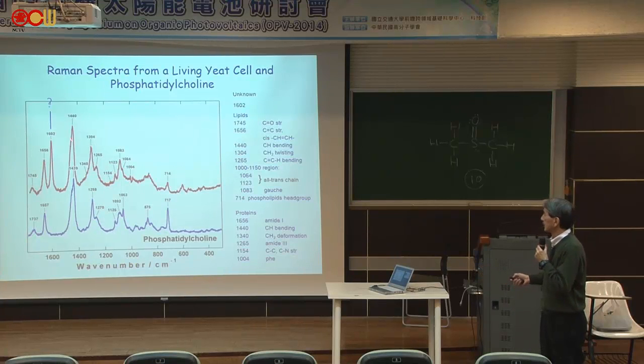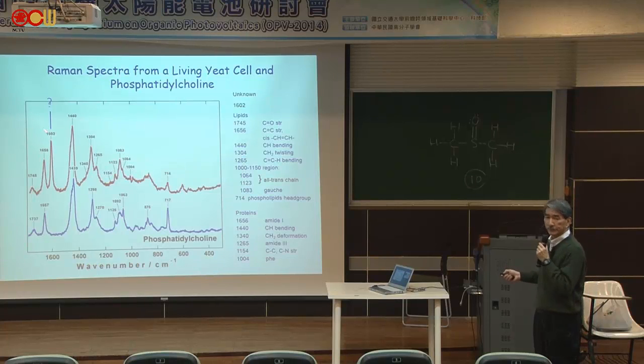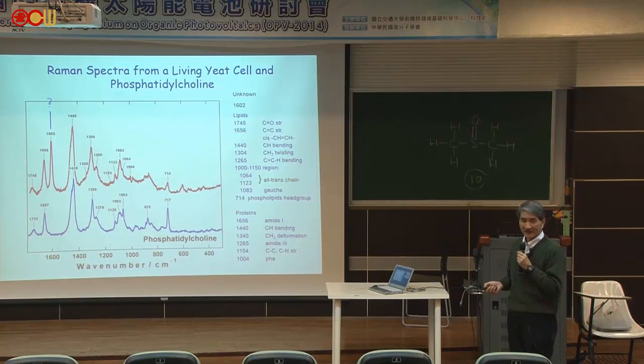And you see many bands in the yeast are also existing in phosphatidylcholine. So that means the red spectrum contains a lot of lipids. Okay? And all the other small peaks can be assigned like that, shown here. But there is only one band here, 1602, which is not ascribed to the lipid. So what is this one? We still do not know, clearly.